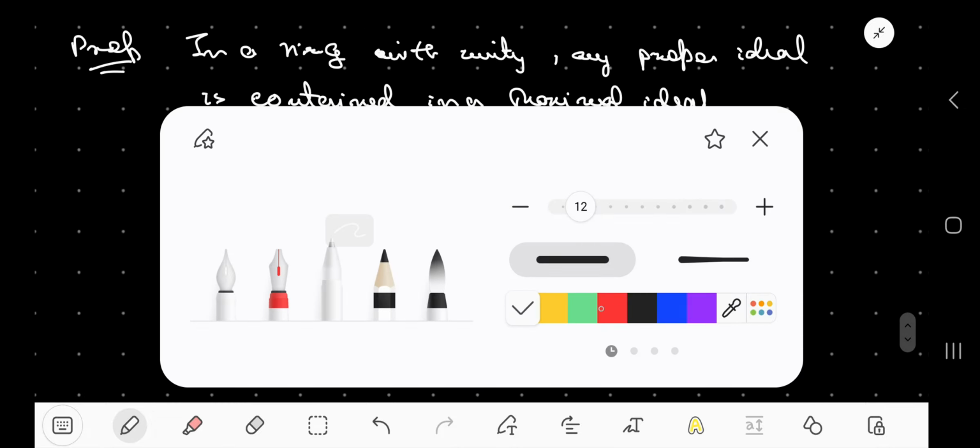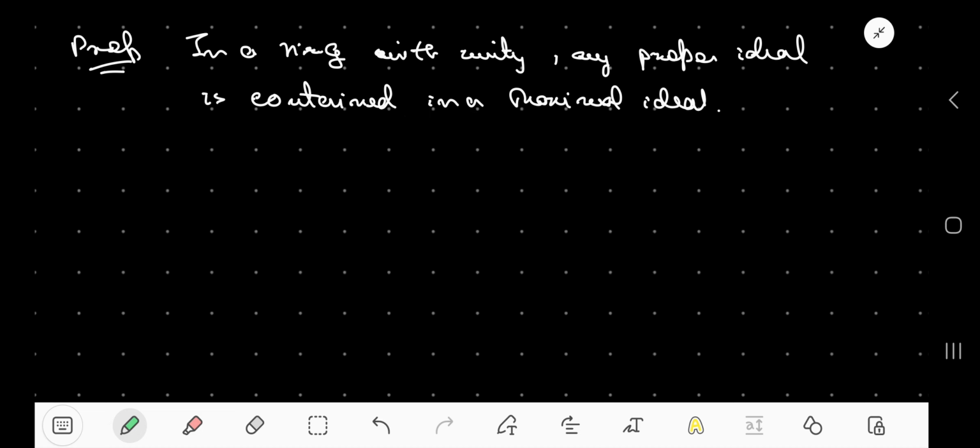In basic set theory, the most useful tool to talk about maximality in some set is Zorn's lemma.